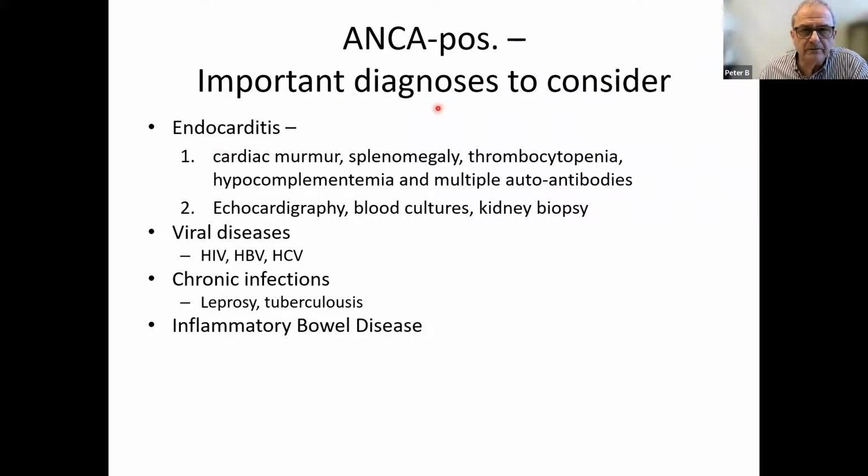It's important to consider infections. Endocarditis may be the most important. You have to look for signs and symptoms, and also often check with echocardiography and take blood cultures, and you can see it also in the kidney biopsy. Viral diseases and other chronic infections may mimic vasculitis and be ANCA positive.